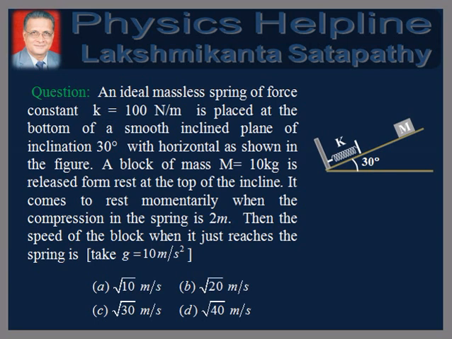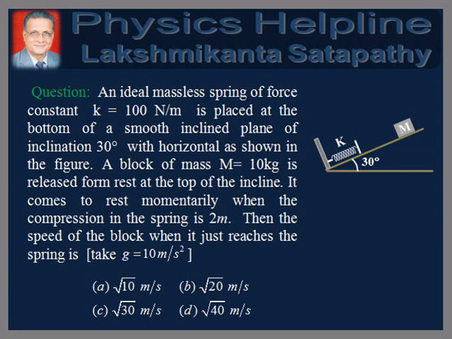A block of mass m equal to 10 kg is released from rest at the top of the incline. It comes to rest momentarily when the compression in the spring is 2 meters. Then the speed of the block when it just reaches the spring is.